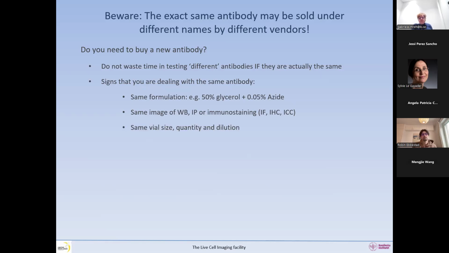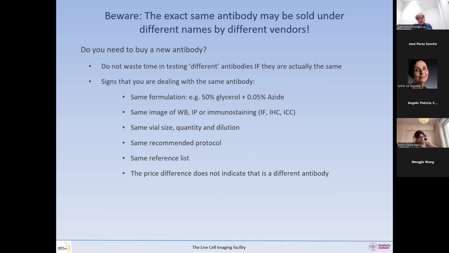If you have the same vial size, quantity, and dilution, if they recommend exactly the same protocol and the same reference list, that means you are looking at the exact same antibody. It was just the name or the lot number that was changed, because of course a different vendor might use their own labeling. That the price is different doesn't indicate at all that it is a different antibody.